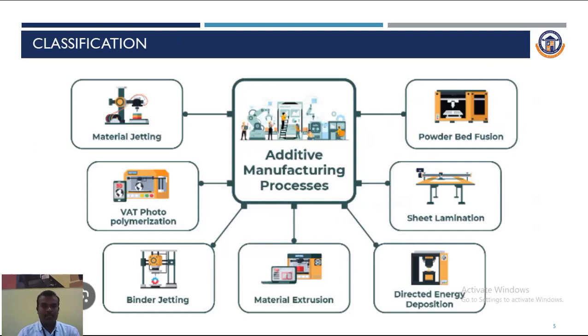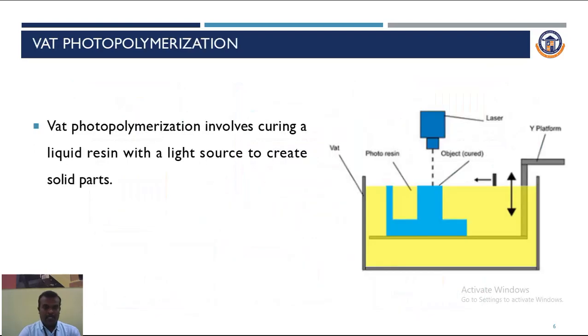The first one is vat photopolymerization. In vat photopolymerization we use a liquid as the raw material.